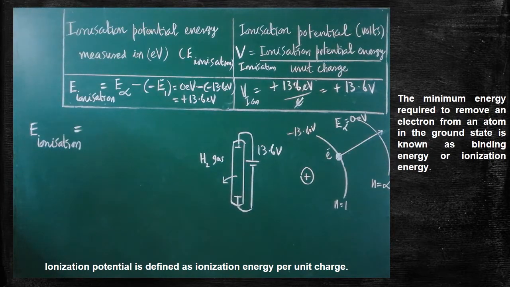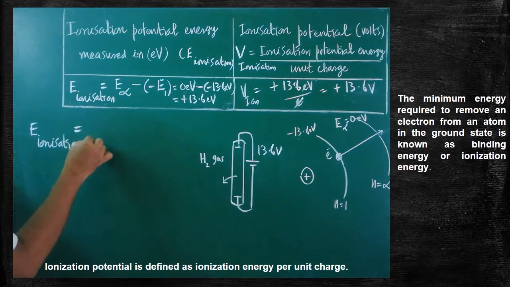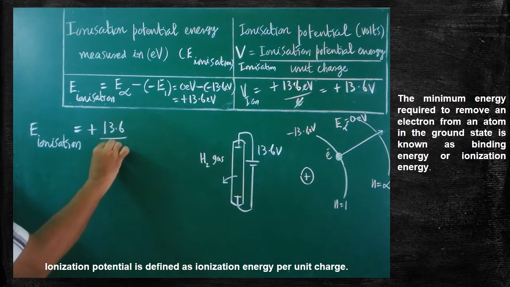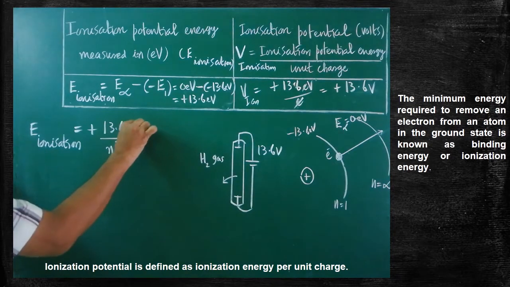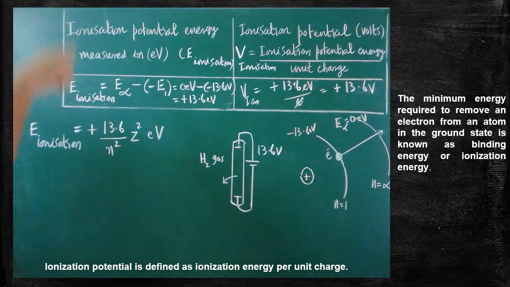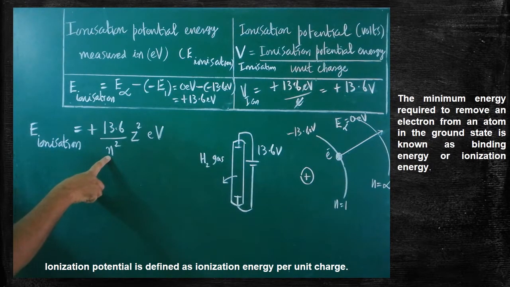To calculate the ionization potential energy, we can write a general formula: plus 13.6 divided by n square, Z square, electron volt. This is the formula. For example, if you want to remove the electron from the second orbit in the case of helium, Z must be substituted as 2, and n must be substituted as 2, as the electron is removed from the second orbit to the infinite orbit.